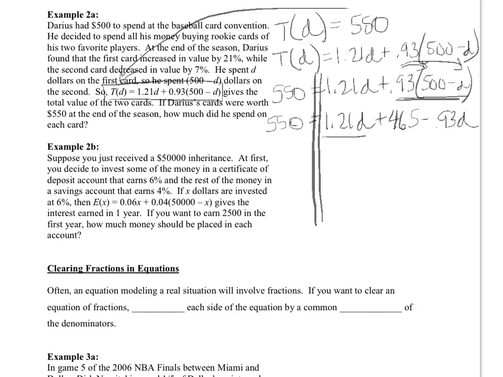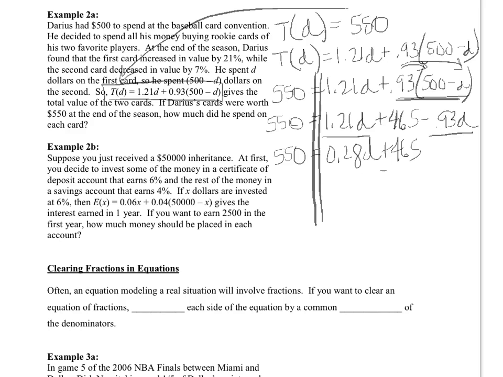We have 1.21 D and 0.93 D. So 550 equals 1.21 D minus 0.93 D, that is 0.28 D plus 465.